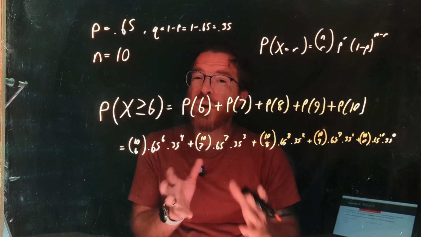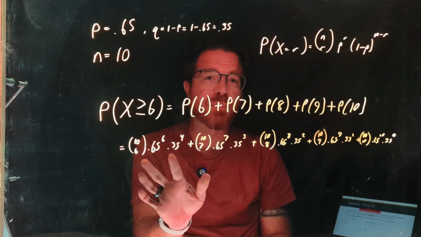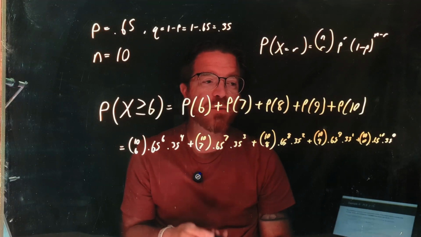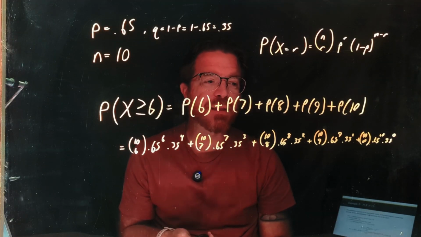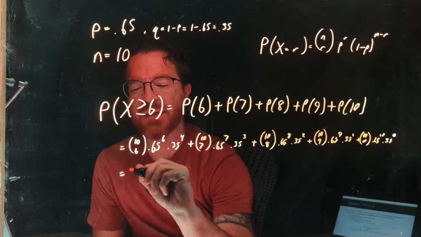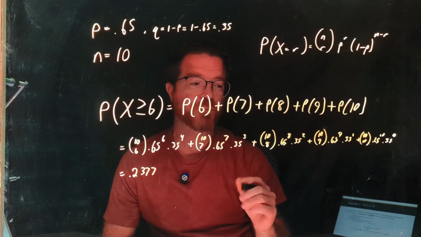So now, to solve this, one thing I want to point out very quickly is we actually already found the probability of getting exactly 6. If we were to go back to our first problem that we did, we had that the probability of getting exactly 6 successes was 0.2377. So no reason to recalculate that.